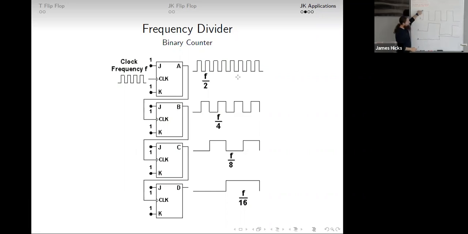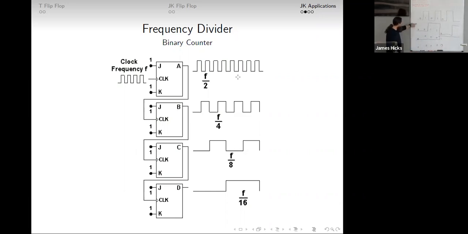Then the first flip-flop goes high: 1, 0, 0, 0. This one goes low, but now the second one goes high, so I'm going to have 0, 1, 0, 0. Back down to 0. Now we're high in the third one.